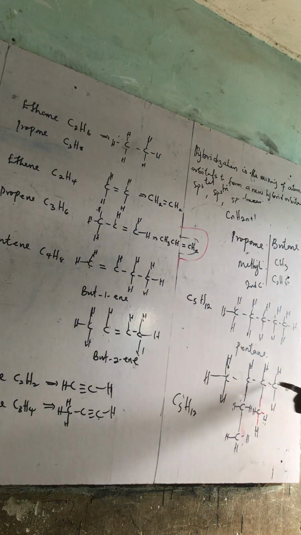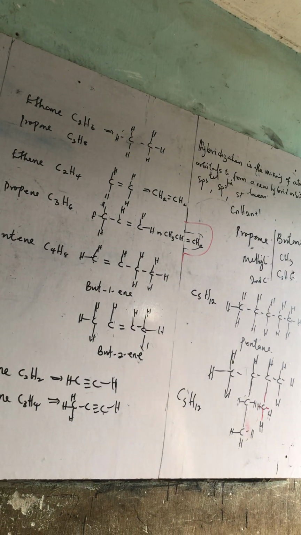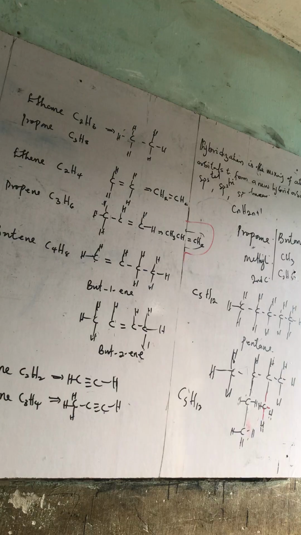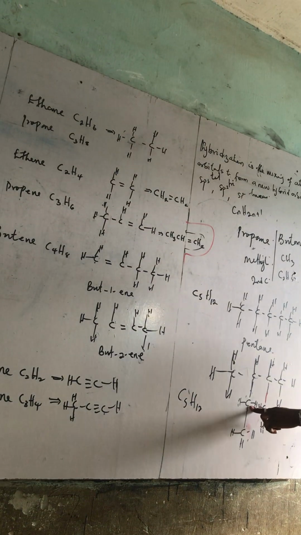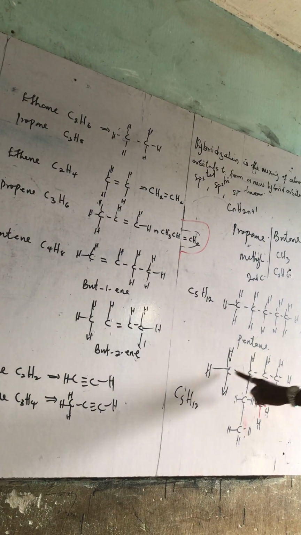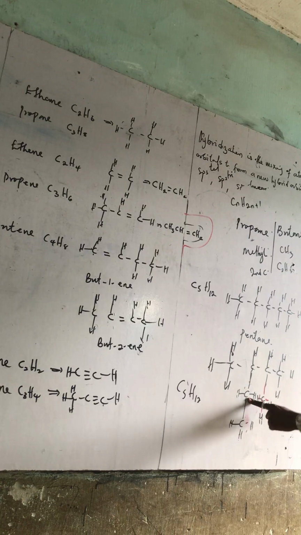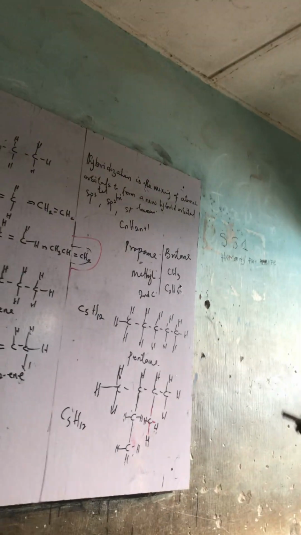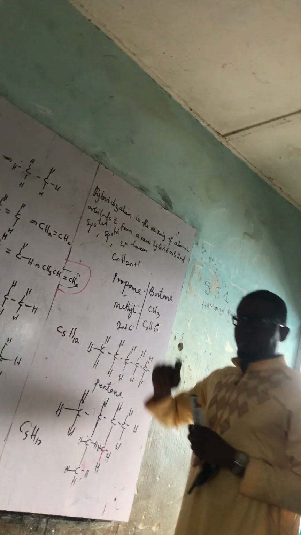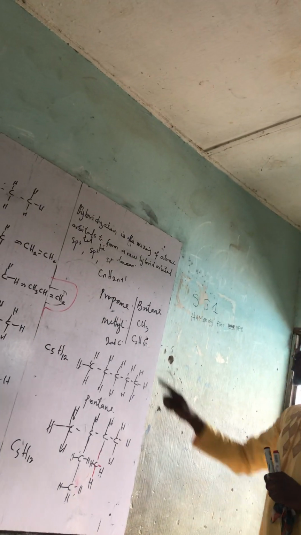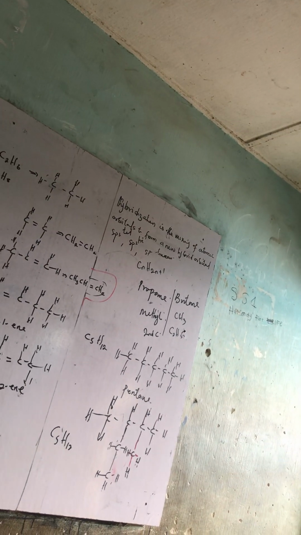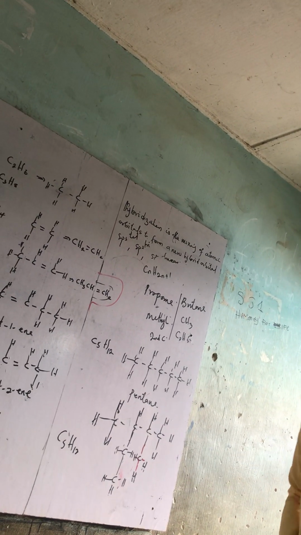Though 1, 2, 3, 4 is also long, the longest is what you want. So we count this one among the longest: 1, 2, 3, 4, and 5. So the parent name here is propane. I am counting the longest chain, so propane is the parent name.